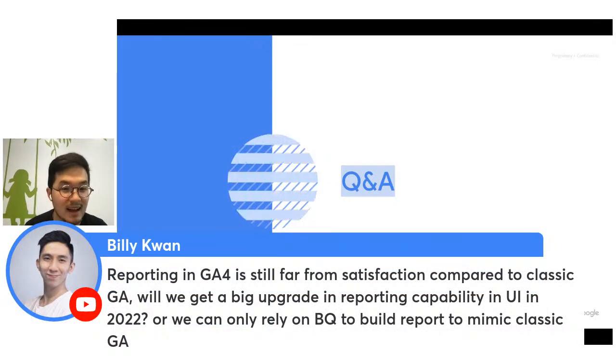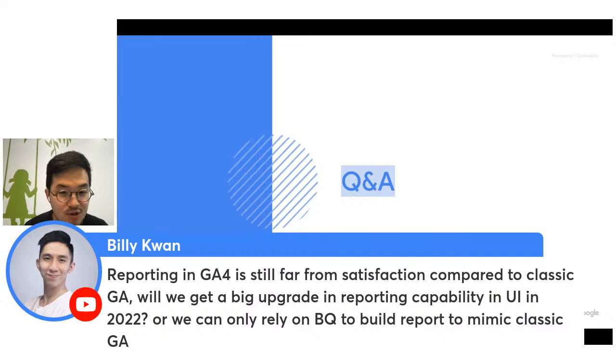Okay, hi Billy. Reporting in GA4 is still far from satisfactory compared to classic GA. Will we get a big upgrade in reporting capability in the UI in 2022, or can we only rely on BQ to build reports to mimic classic GA?